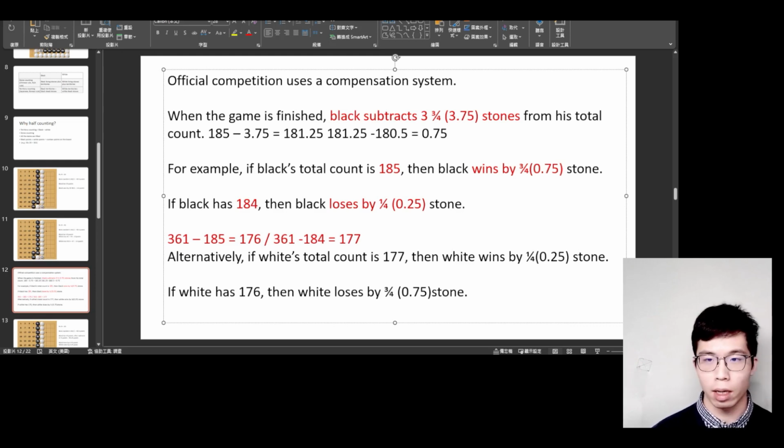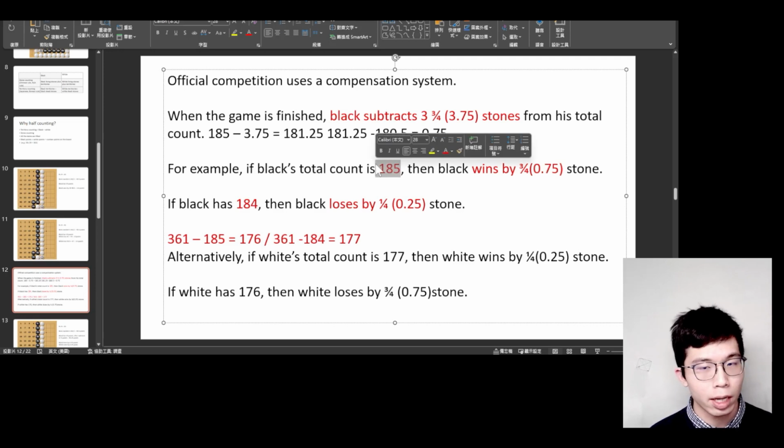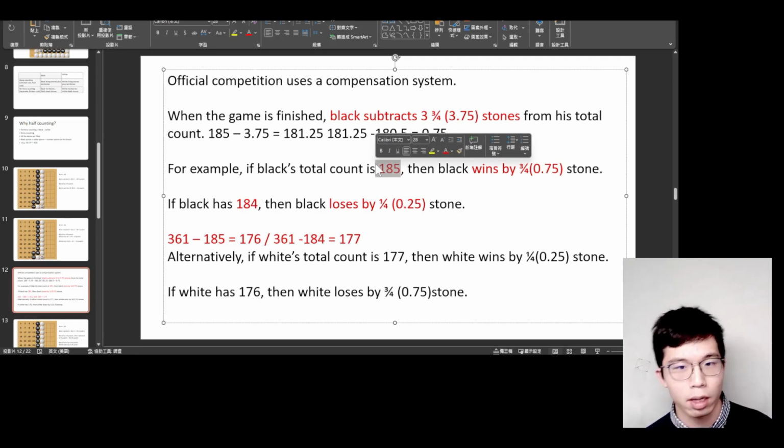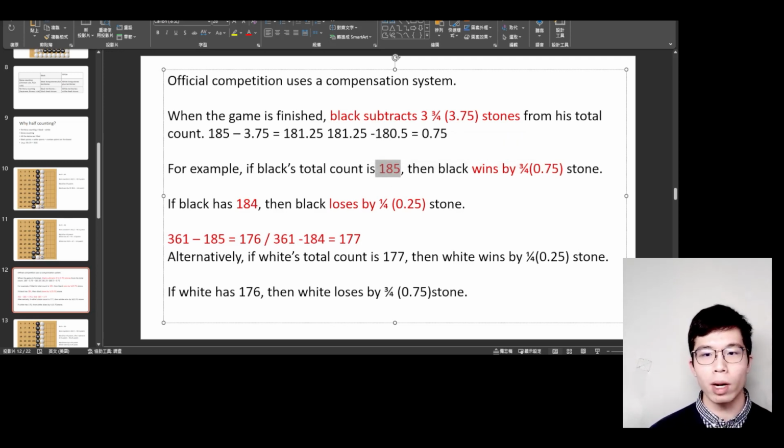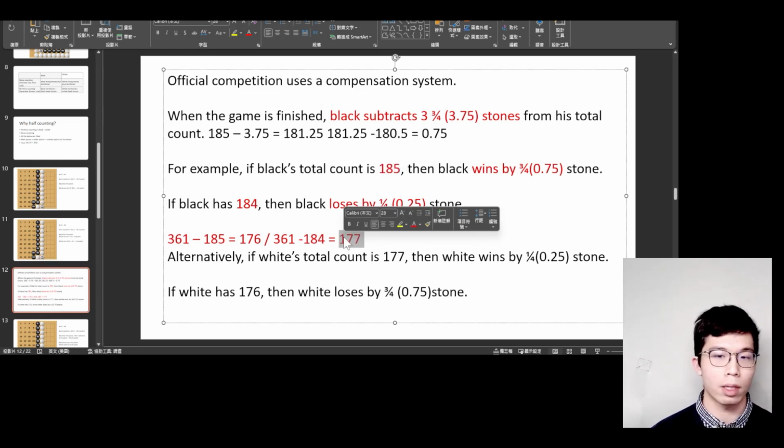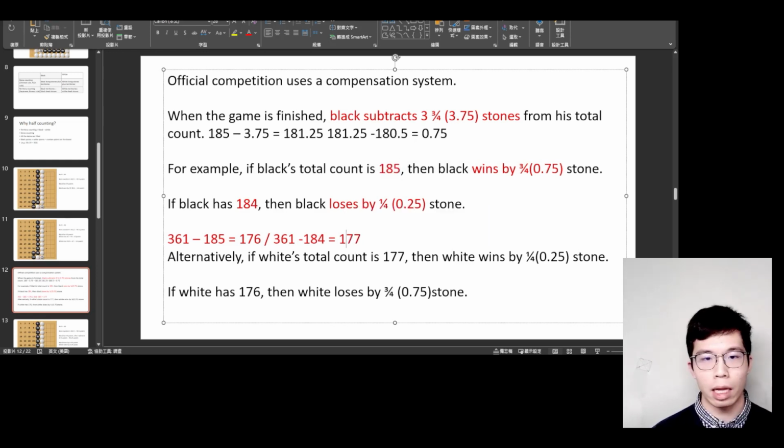So, most players that use Chinese counting know black needs 185 stones to win, and white needs 177 stones. Because alternatively, if white's total count is 177, then white wins by 0.25 stone.